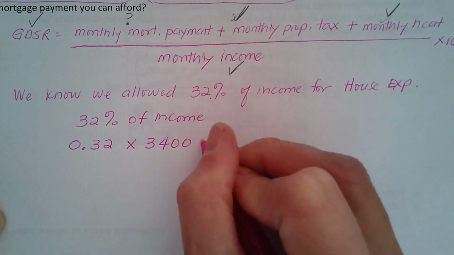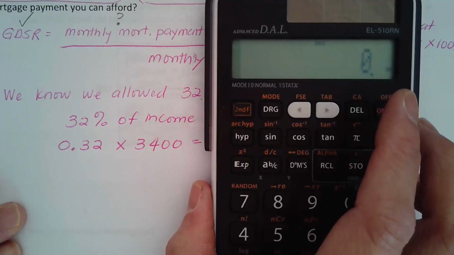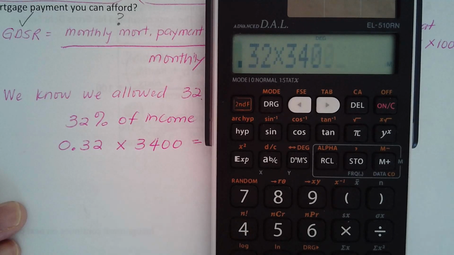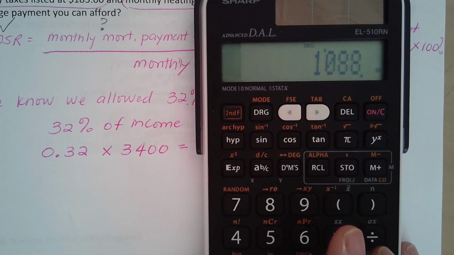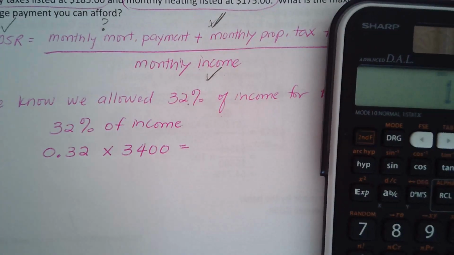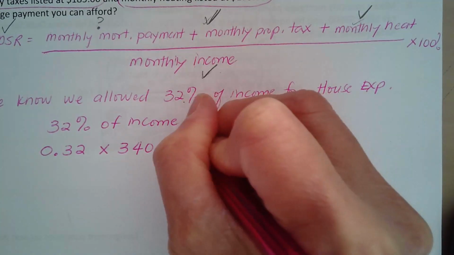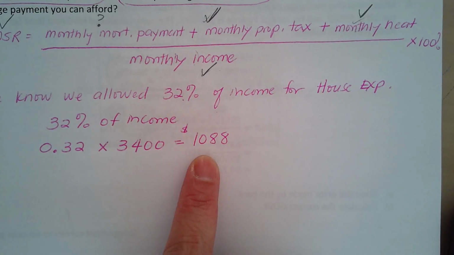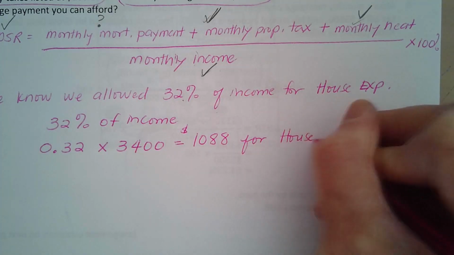Okay, so here we go. Let's calculate that. 0.32 times 3,400. Okay, so we are allowed $1,088. That means we are allowed $1,088 for house expenses.